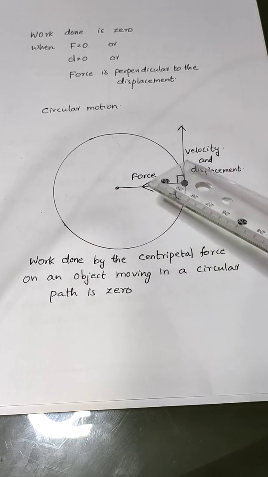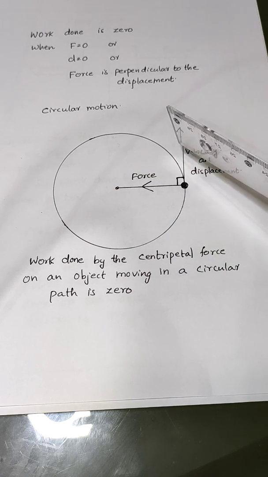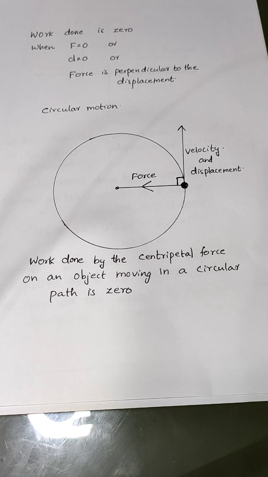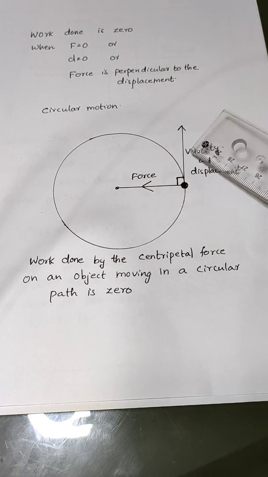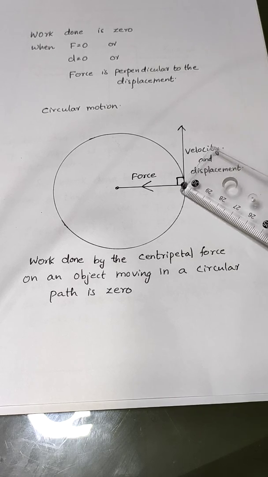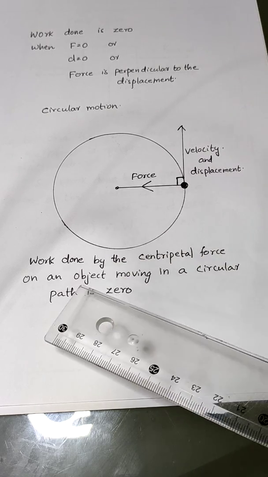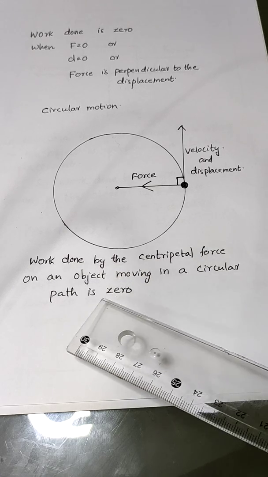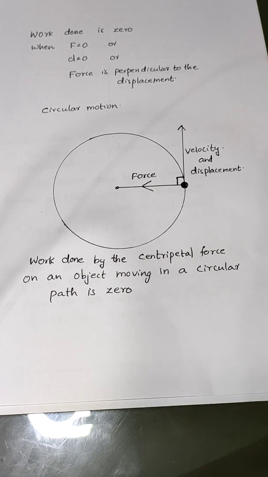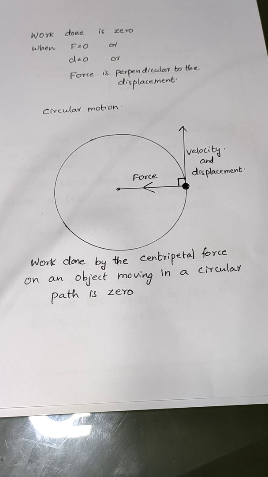So in this case of circular motion, at every point of the motion, the force and the velocity, or force and the displacement, are perpendicular, and hence work done by the centripetal force on an object moving in a circular path is always zero.